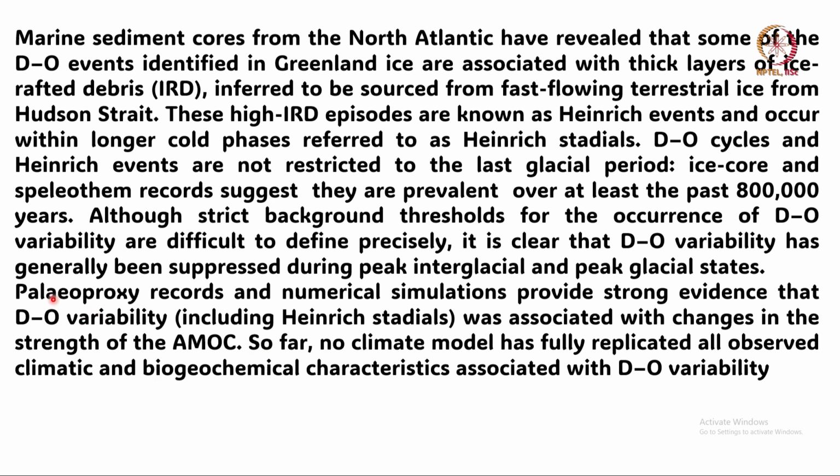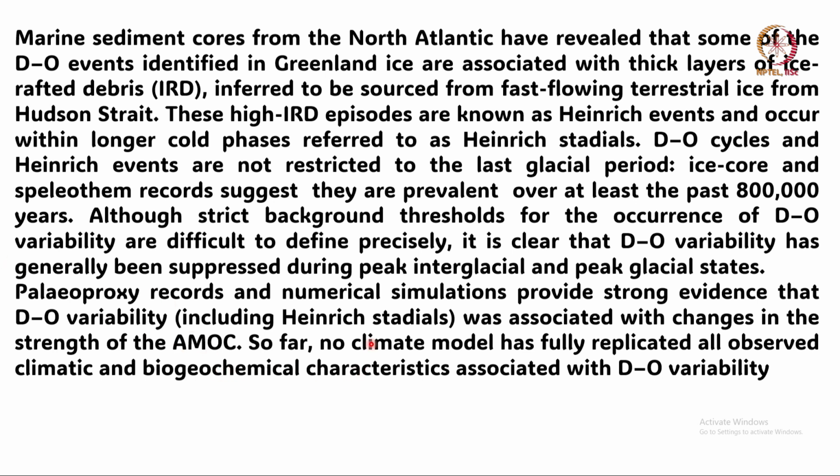So, both the paleoproxy records and numerical simulation provide strong evidence that the Dansgaard-Oeschger variability was associated with changes in the strength of the AMOC. So, that was a major discovery which was very important, that the oscillation we saw in the ice core data and the marine core data are linked to the changes in the ocean circulation, that is the Atlantic meridional overturning circulation.